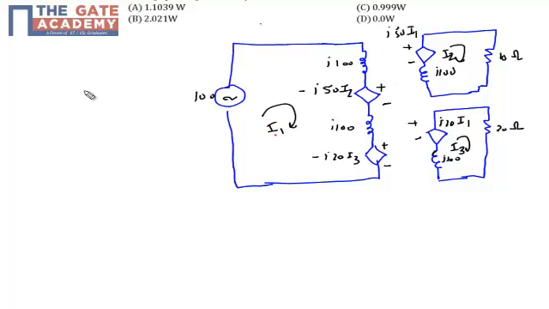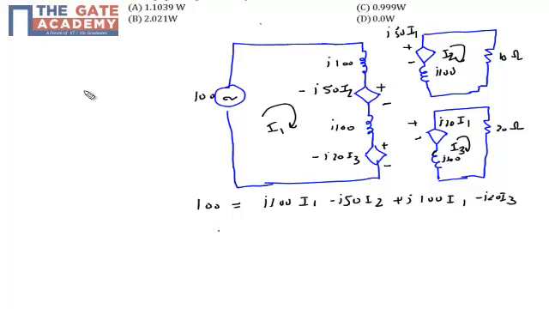Because we have three meshes, we can write down the three mesh equations. The first mesh equation in loop 1 will be 100 is equal to J100 I1 minus J50 I2 minus J20 I3.